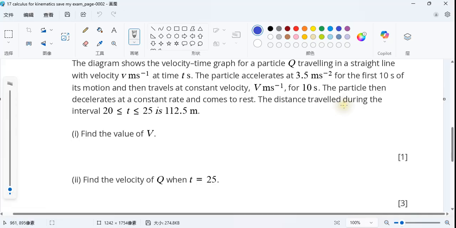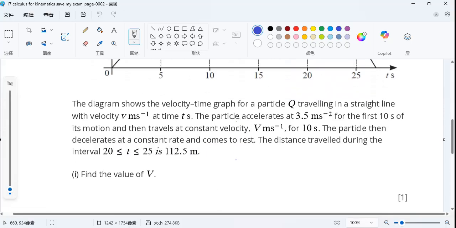Then it decelerates at a constant rate and comes to rest. The distance travelled during the interval between 20 and 25 is 112.5. Find the value of v.